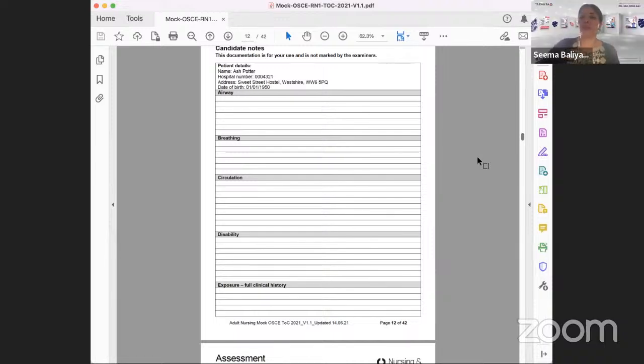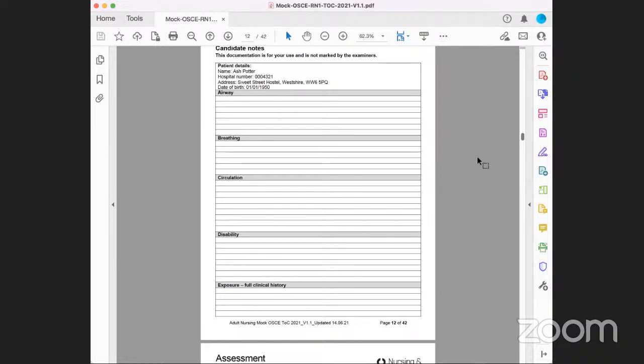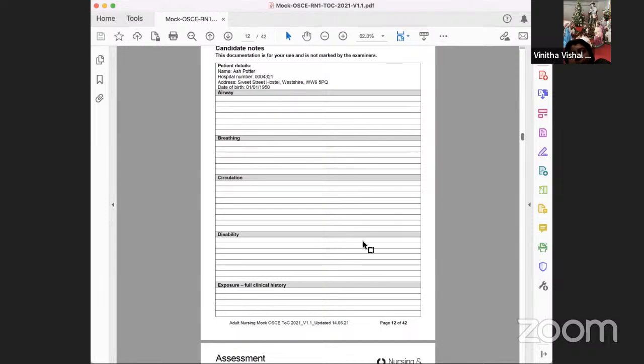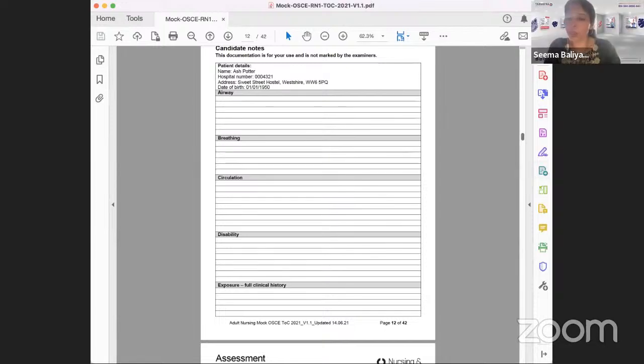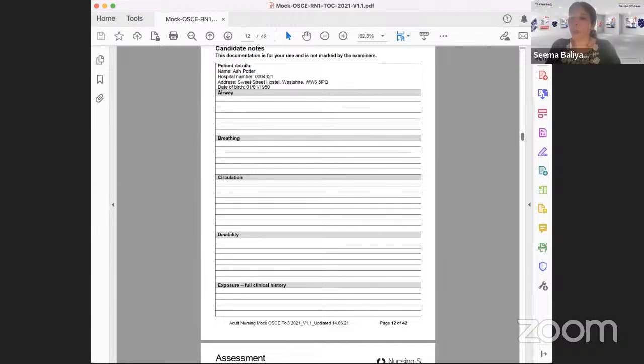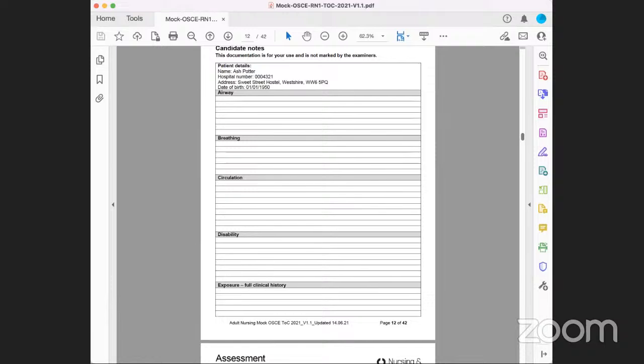If your respiratory rate is 26, which is a score of 3, what should be your monitoring frequency? It is hourly. Hourly. Well done.